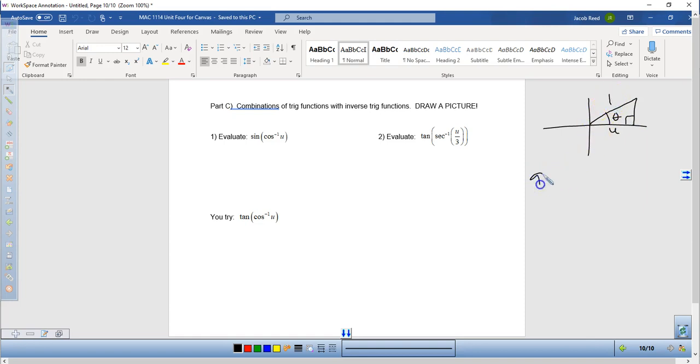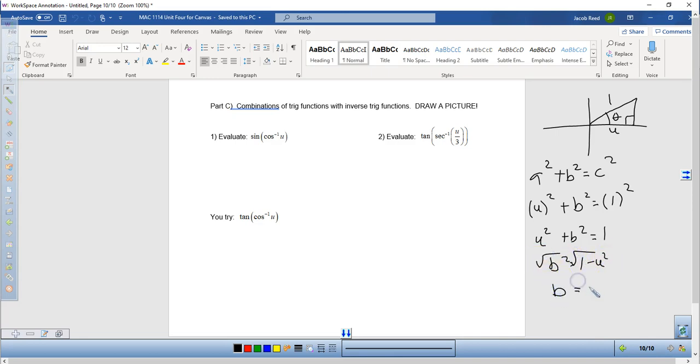So we do a squared plus b squared equals c squared. We know that a is u. We don't know b squared. And we know c is 1. So u squared plus b squared equals 1, and I solve for b squared, so I subtract u squared, and then I take the square root.